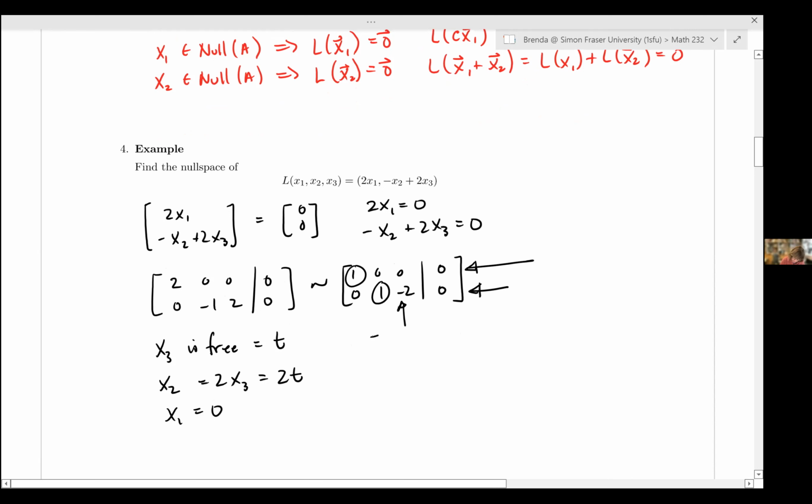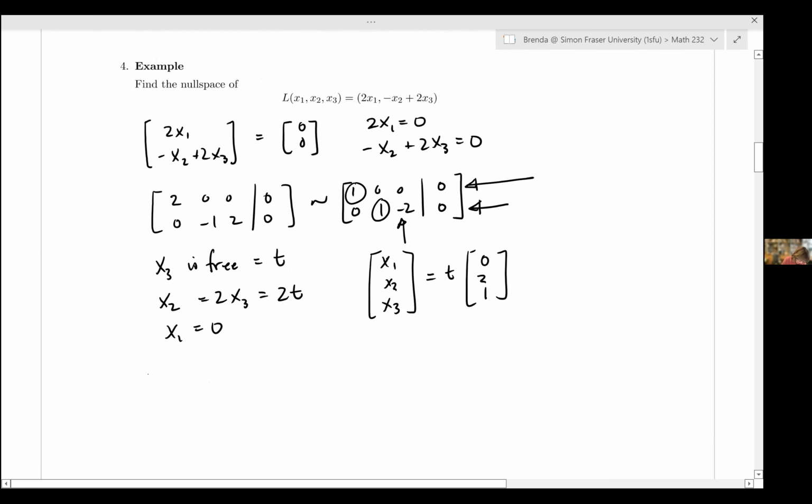So now I have the solution set for all vectors x1, x2, x3, such that L of x will be 0. And that solution set is this guy here, 0, 2, 1. It's a line. So the null space of the linear transformation L is the set of all vectors of this form, such that t is a real number.